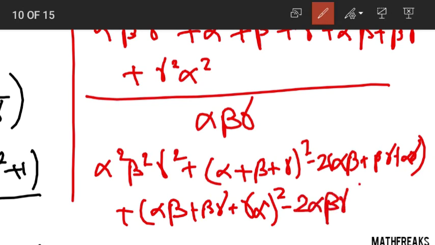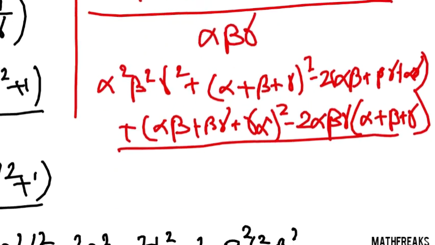I'm directly factorizing it, alpha plus beta plus gamma, upon again alpha beta gamma.